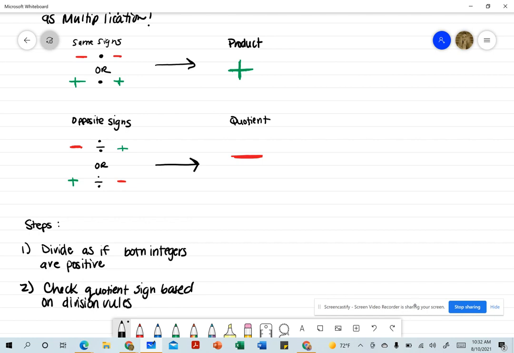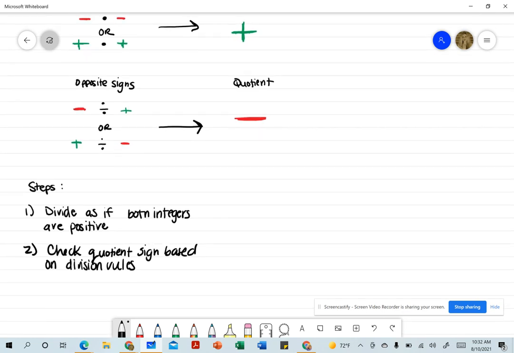And remember, the division rules are the same as multiplication rules, right? So again, this video is assuming you know how to divide or you know how to long divide. If you do not, please make your way to background resources in our class, and there's videos there to help you learn how to long divide so that you can participate in this with our class, okay? For our examples, we are just going to do some basic division.